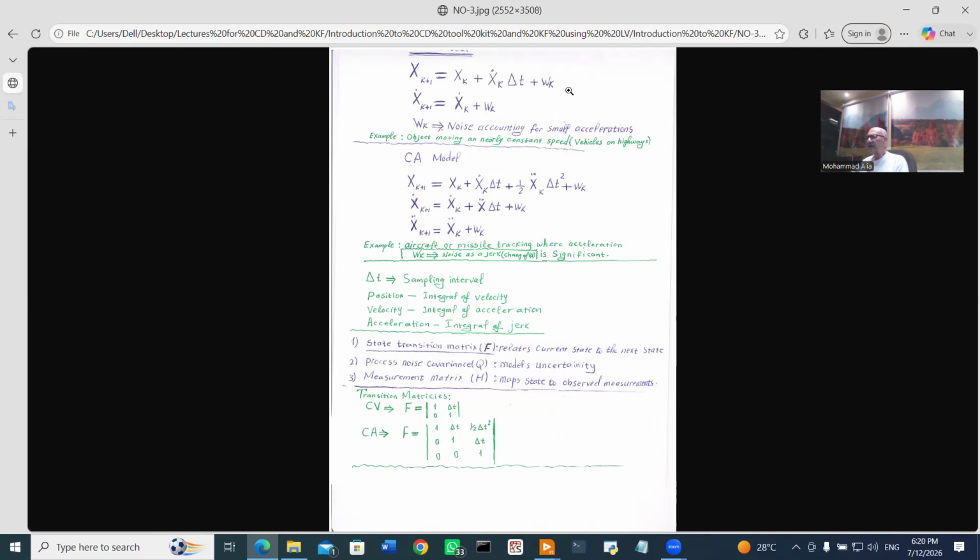This applies for tracking systems and also applies for any variable, irrespective to its nature. Suppose we are talking about temperature and viscosity. Here also, when we talk about x dot k, we mean by that the rate of change of the temperature or the rate of change of the viscosity.